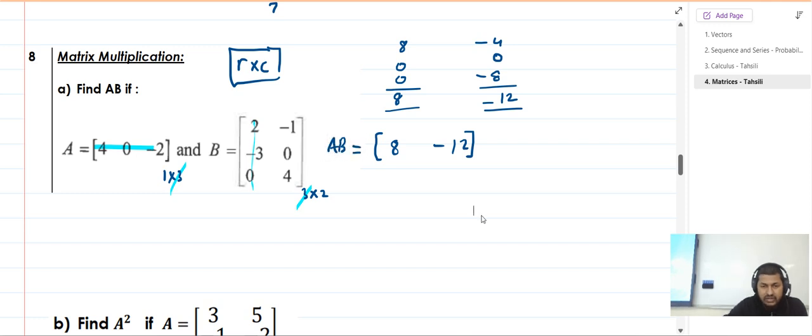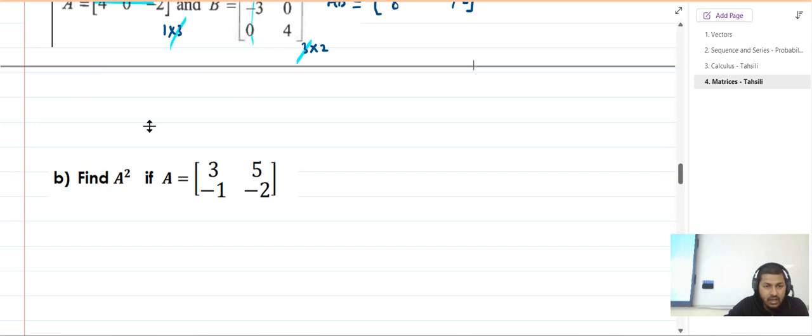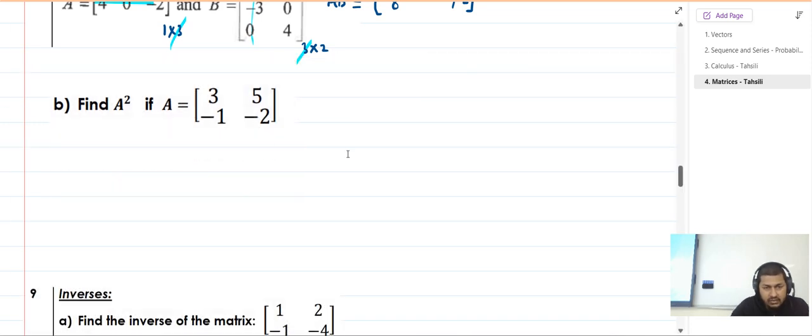Alright, so quite simple. Moving on to the next one. I want to find A squared. To find A squared, if A equals this, so we're going to say A is equal to, I'm just going to copy this twice and paste it, right?